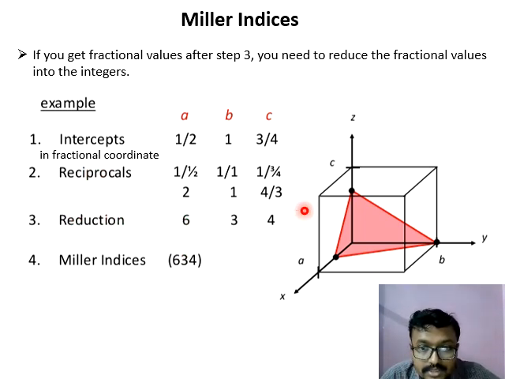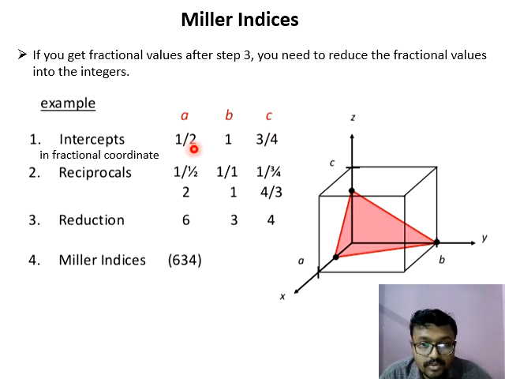For example, for this plane, let's say this is our unit distance a, this point is a by 2, this unit distance is b, and this unit distance is c. This plane is cutting the x-axis at a distance, let's say, 1 by 2, b at a distance of 1, and c at a distance, let's say, 3 by 4.